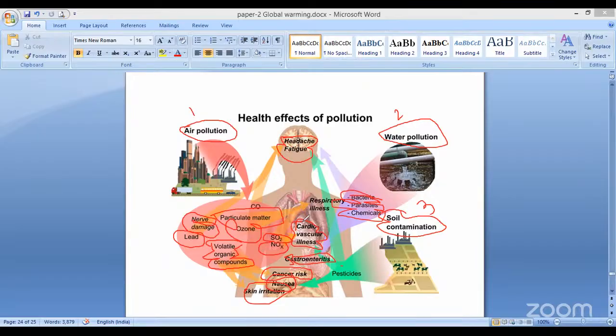Then the third one is soil contamination. Due to pesticides, which can directly enter into our food chain, it can lead again to gastrointestinal problems, cancer risk, nausea, skin irritations, kidney failures and pancreas problems. It can damage the secretions of our glands, the pancreatic production.